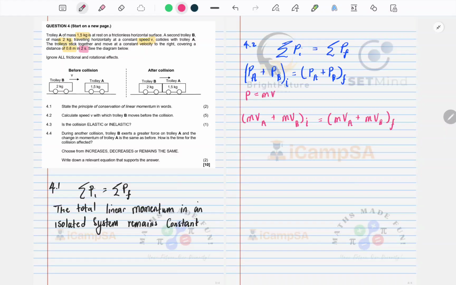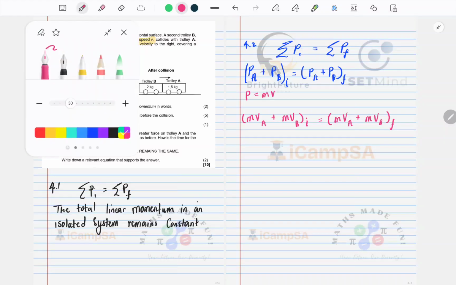And then we can go back and calculate our initial. So here the speed that they are looking for is before collision. So that means it's this side, right? It's the initial one that we are looking for.